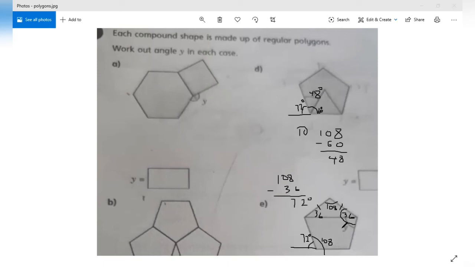All right? So your y here is 72 degrees. And it does make sense because 72 plus 36 will give you 108, which is the interior angle of a pentagon. All right? So you need to remember that. So I'm going to clear the drawings for E and I'm going to move on to F.